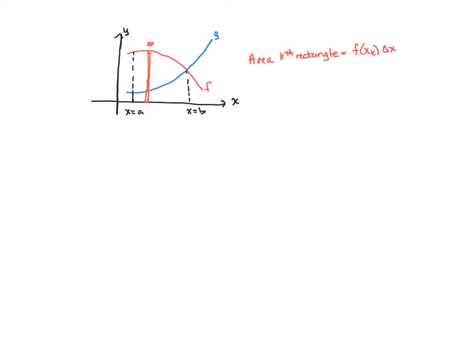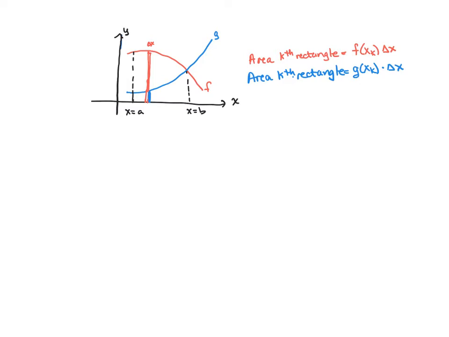Now, in the same interval, delta x, the height of the rectangle that we put in the region under g can be represented as g of x sub k, and we multiply it by the tiny width.